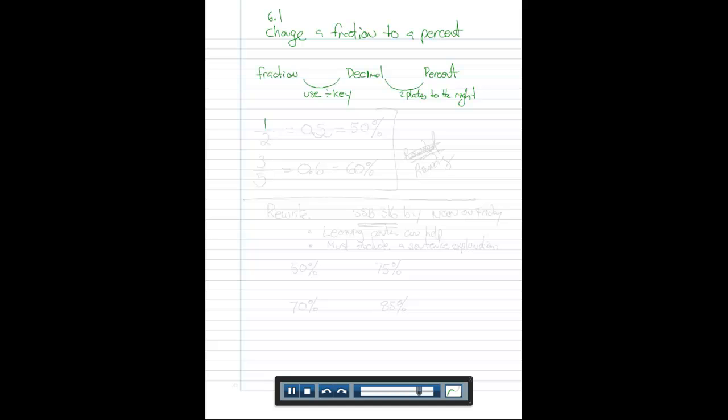I bet a bunch of you know what the fraction 1/2 is as a percent. If half of you do something, it's 50%. And the way that would look as a process is 1 divided by 2 is 0.5 as a decimal.